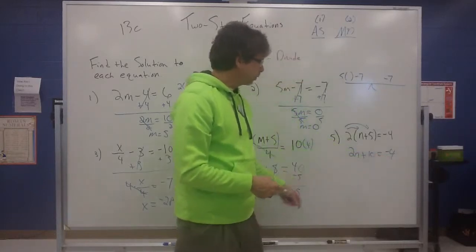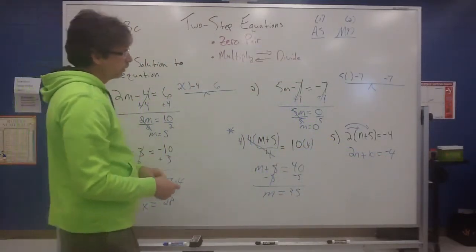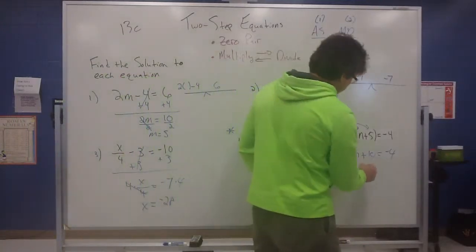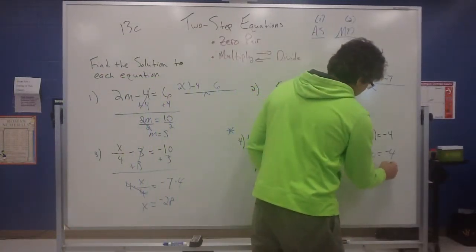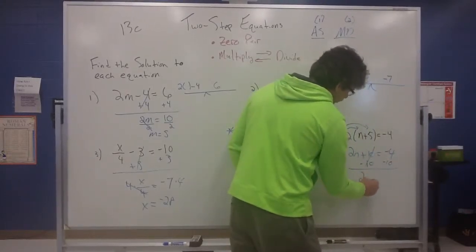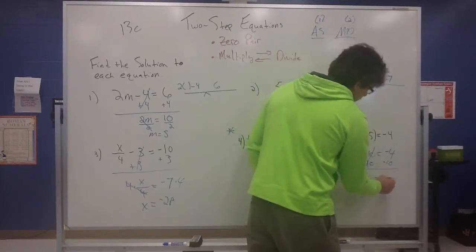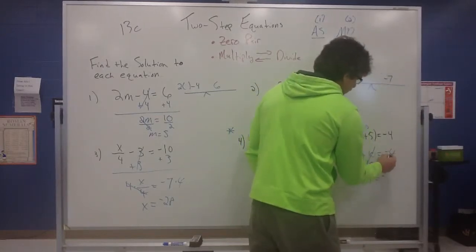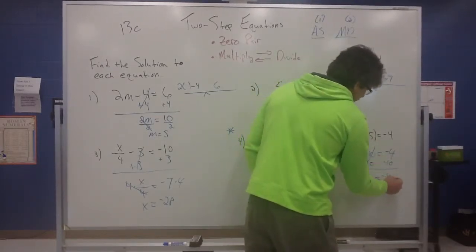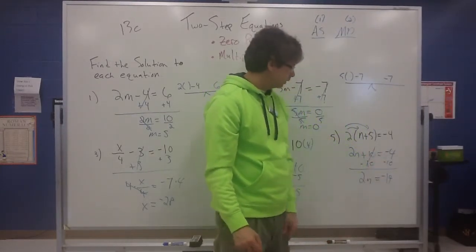Now this looks like something we're familiar with. That looks more like this type of equation. So now I can go after that 10 with the -10. I can zero out that positive 10 with the -10. My 2n would slide down. Equal sign slides down. And a -4 and a -10 would give me a -14. So a -4 and a -10 would add up to a -14.